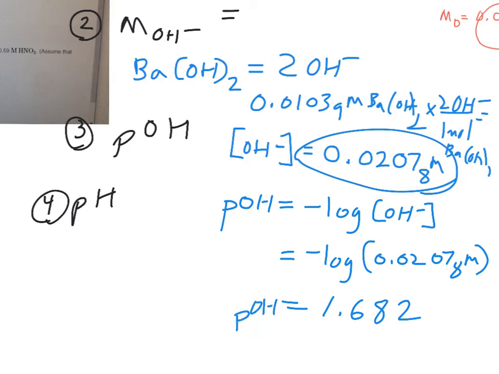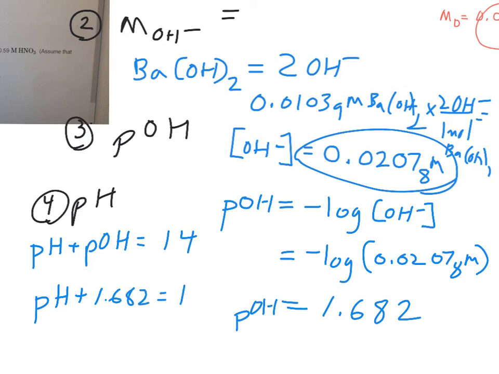Now that I have my pOH, I can solve for my pH, because pH plus pOH equals 14. So pH plus 1.682 equals 14.